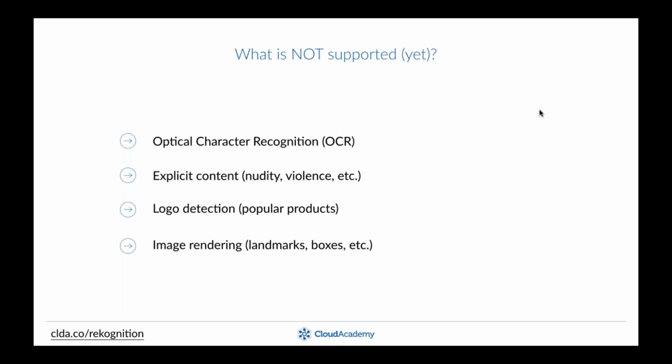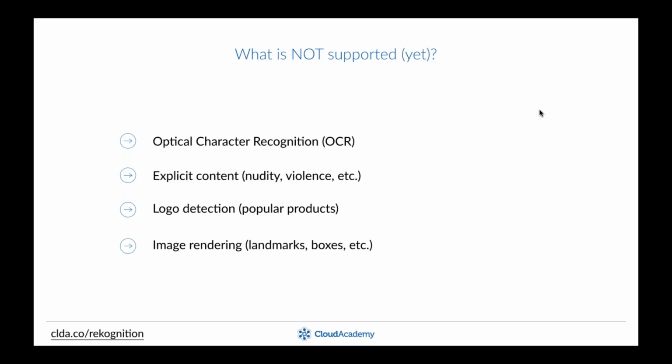It might be. I'm looking forward to it. Another interesting feature that is not supported yet is specific content detection, such as violence or nudity or other types of particular content that applications may want to be very aware of. So you want to detect if there is any violence or nudity.